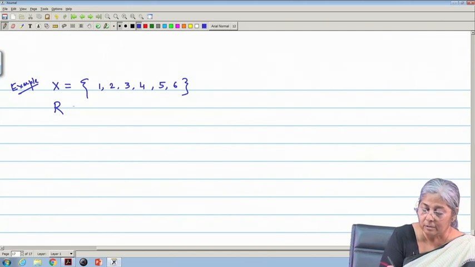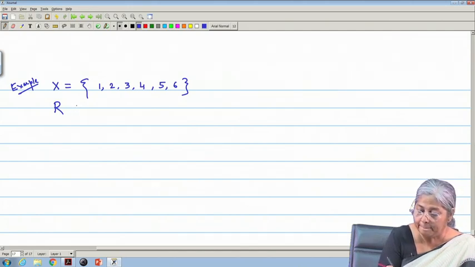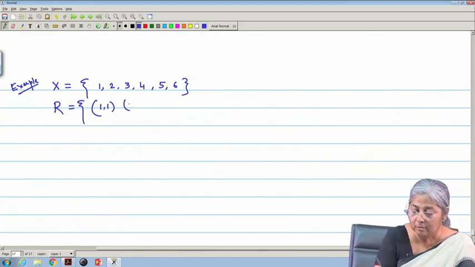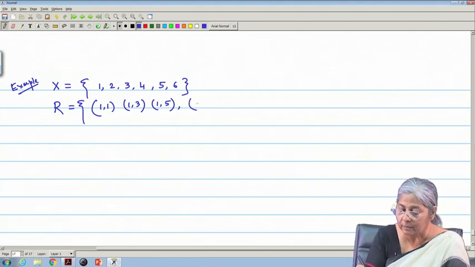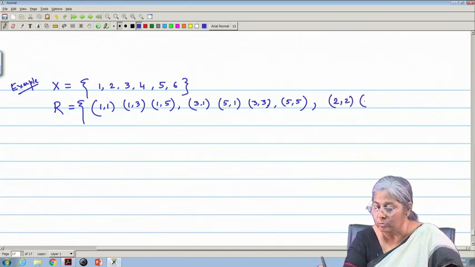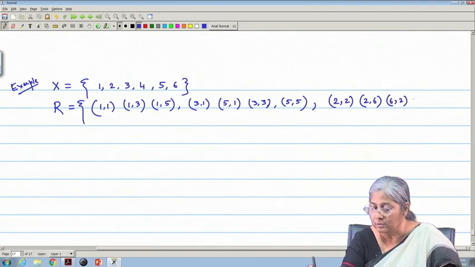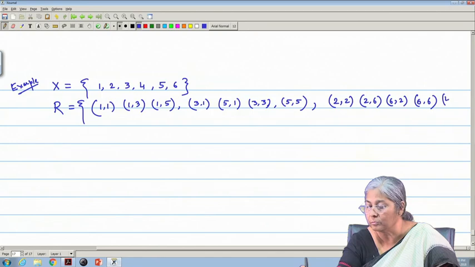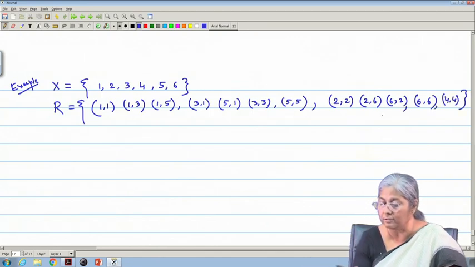Using the previous relation, if I write (1,1), then (1,3), (1,5), then (3,1), then (5,1), (3,3), say (5,5), and then say (2,2), (2,6), (6,2), (6,6), and say (4,4). So, this is some relation given.